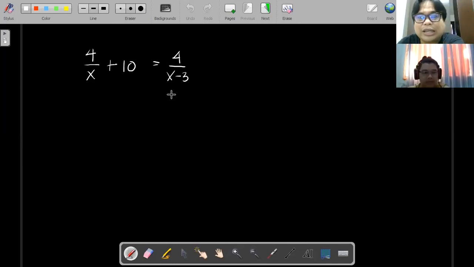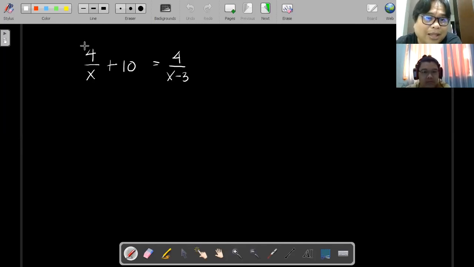Since this is a rational equation and the variables are found in the denominator, you need to get rid of the denominators first. Okay, the x and x minus 3. We need these terms to be transferred to the numerator. So how do we do it?